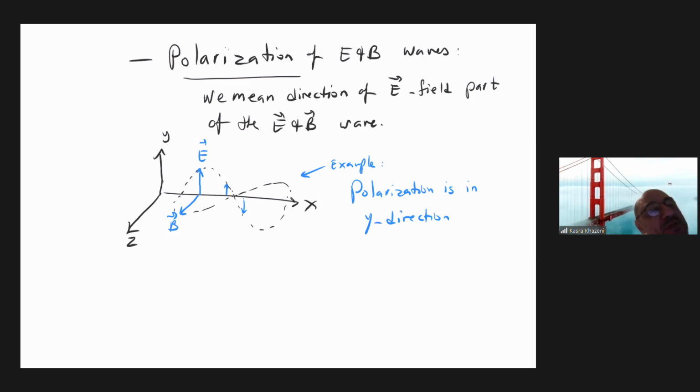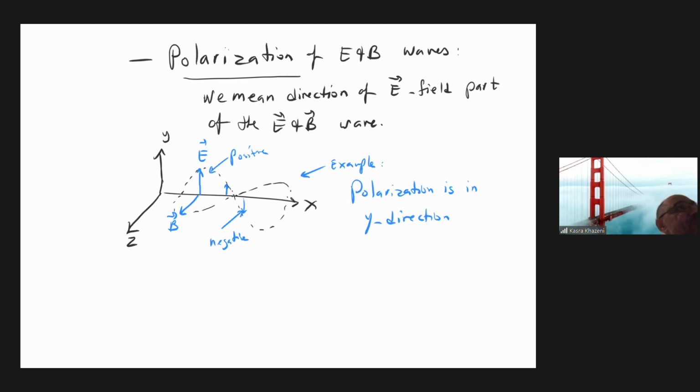Whether it goes flipping up and down, I mean, obviously, it's positive here and it's negative here because it's pointing down, and then again goes back and points up and all that. So the polarization is in the y direction. And for this particular example, it is.